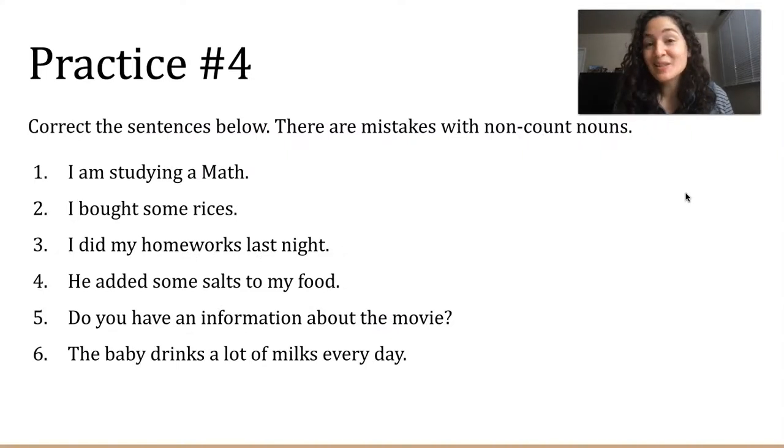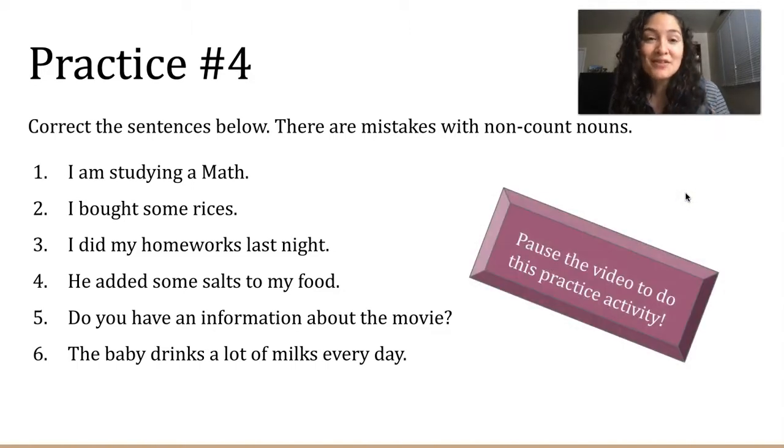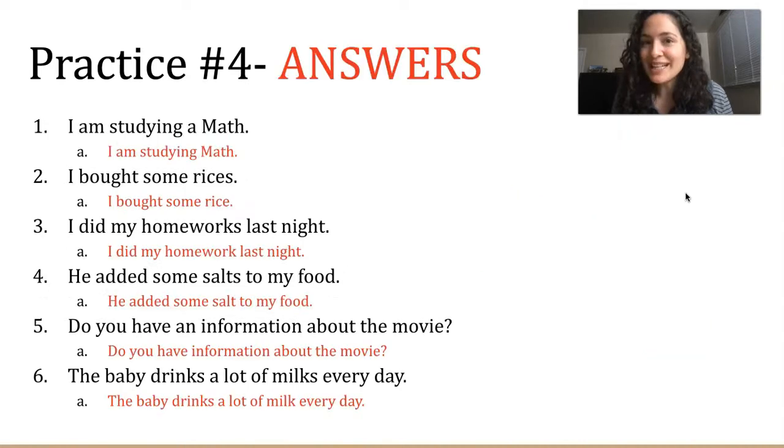Okay, so now let's check. Non-count nouns, remember, we do not use articles a or an. So we have some mistakes here in these 6 sentences. Please pause the video here to do this practice activity. Are you ready? Here are the answers.